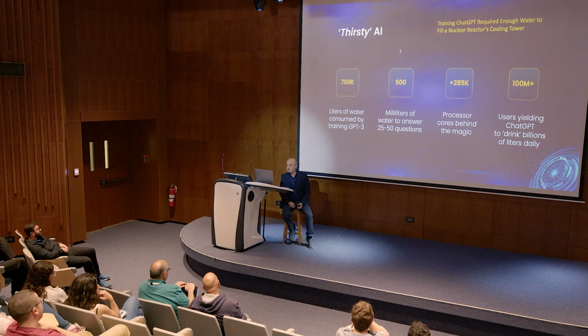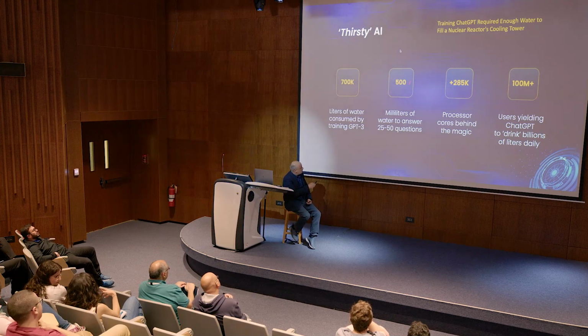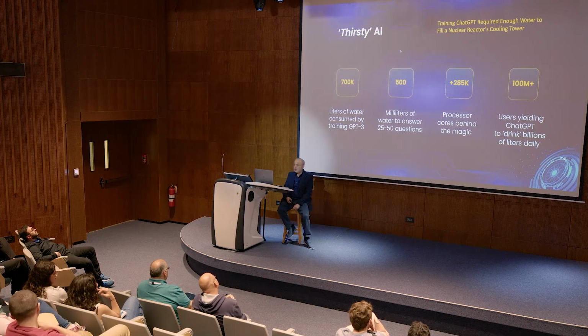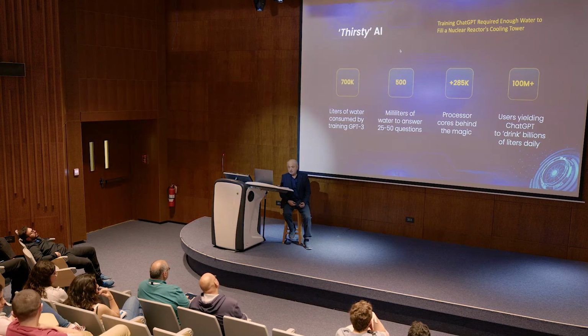So that's a lot for 20 to 50 questions, right? Here, 500 milliliters for 20 to 50 questions. So it is a thirsty type of artificial intelligence, and we need to watch for this.